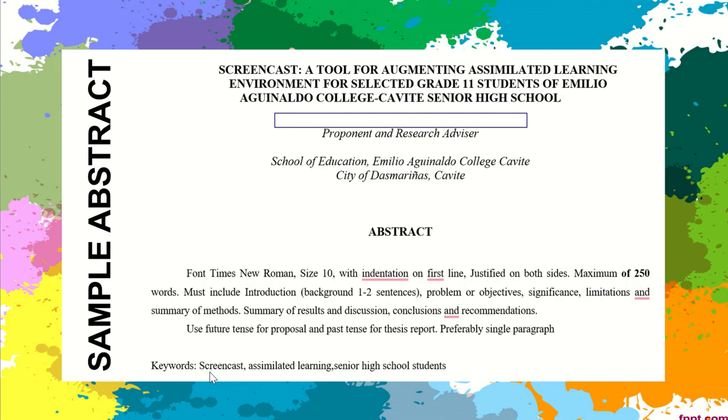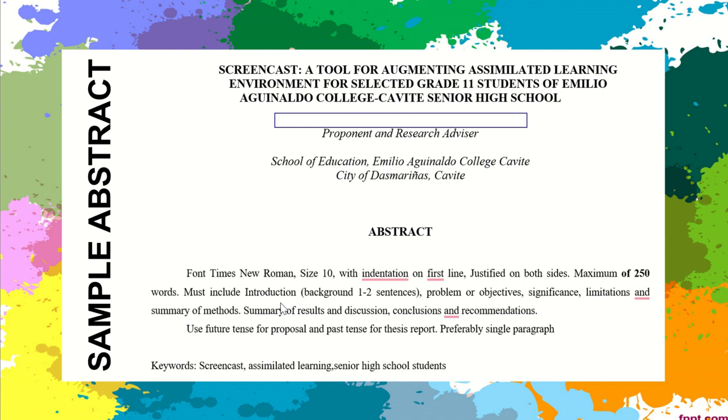Now for EAC, this is a sample. So you have here the title of the proof, the proponents here, and the research advisor, School of Nursing, EAC. Okay, all caps the abstract. Again, ito yung format naman for the abstract. Font is Times New Roman, size is 10, indent sa first line, and then justified on both sides. Maximum again, 250 words.